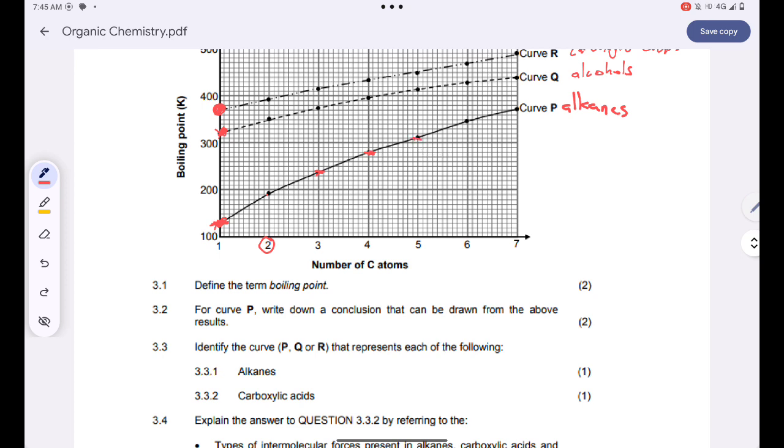Pentane, boiling point increases. Hexane, boiling point increases. Heptane, boiling point also increases. So we can conclude that the longer the chain of an organic compound, the higher the boiling point.